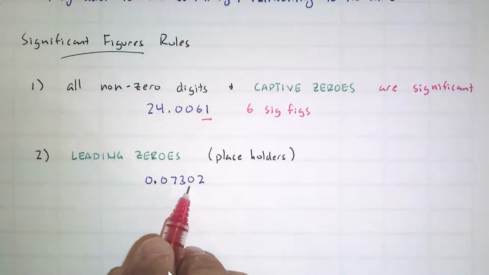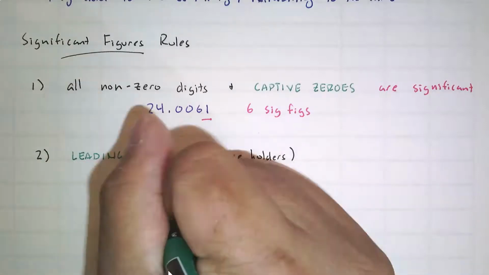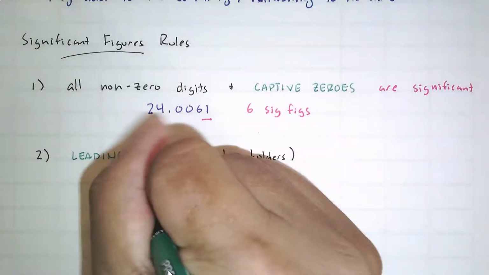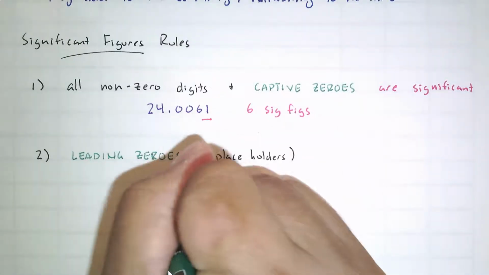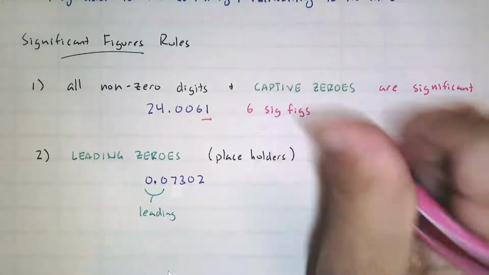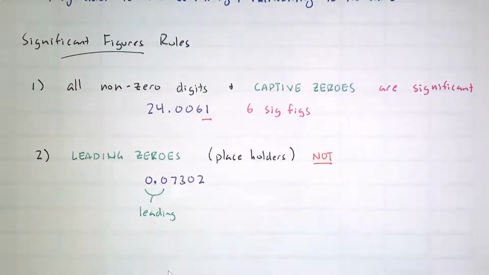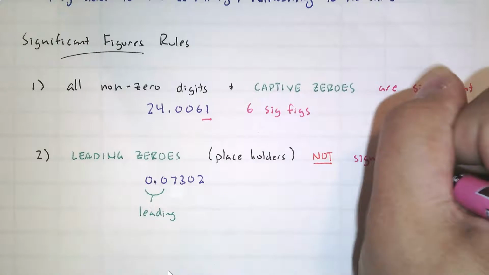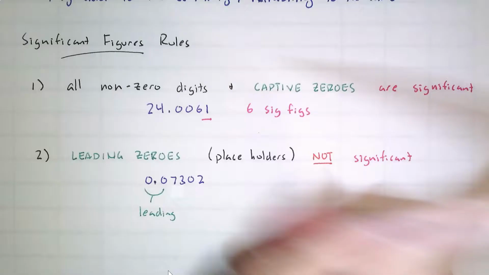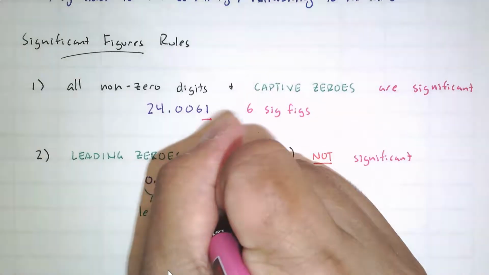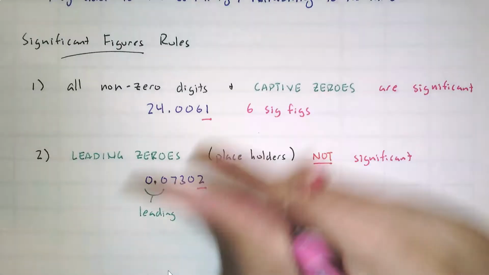The 0 here is captive, but these are called leading zeros, and they are not significant. They're just placeholders. These are leading, not significant. The last significant figure in this number is 2. Okay, and we have how many? 4 sig figs. 7302.